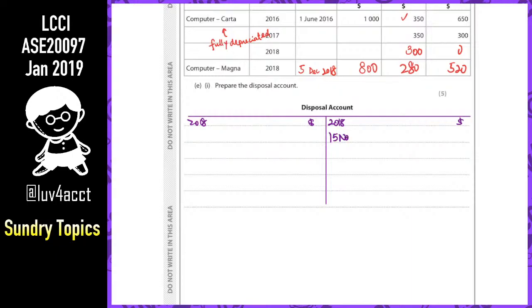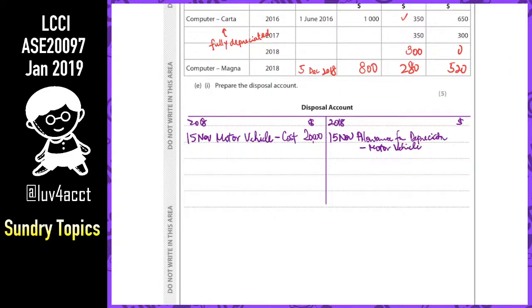Motor vehicle cost, or simply motor vehicle, and then allowance for depreciation of motor vehicle.